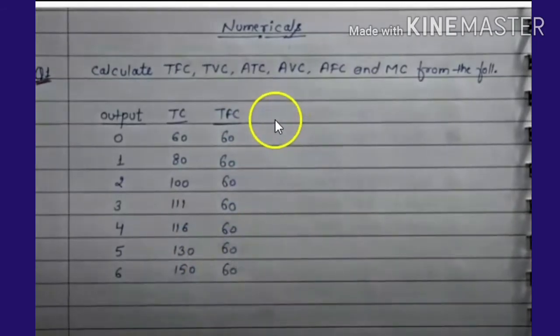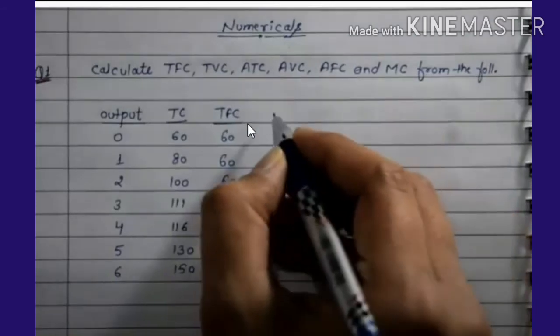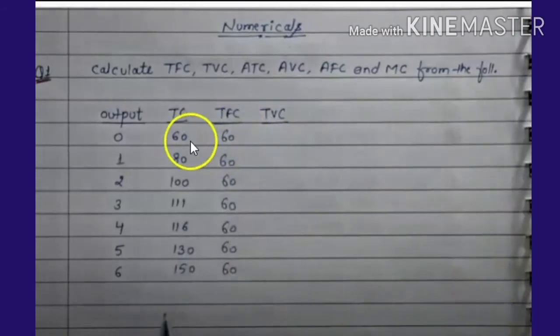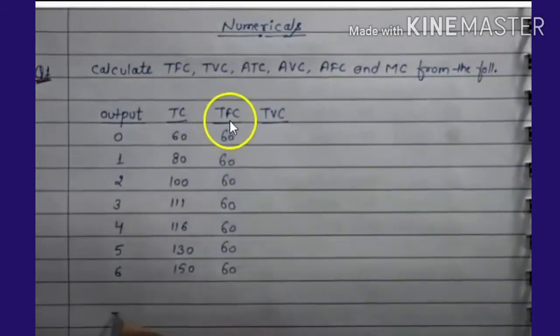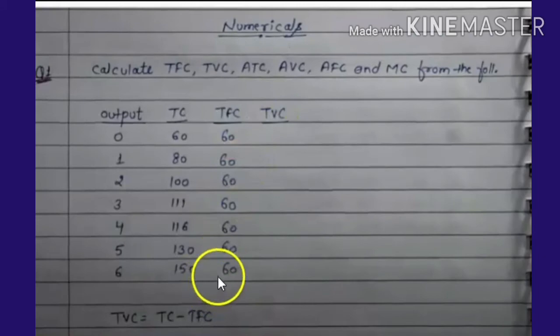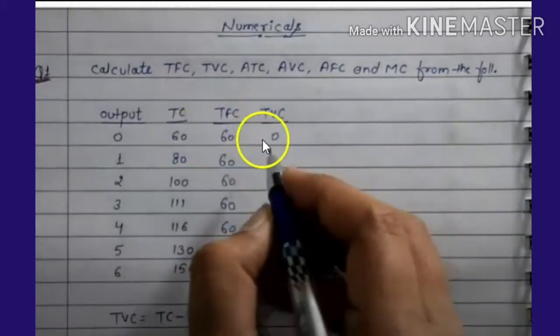Then you can just see the next column to be found is the TVC column. So how will you find it? By subtracting these two, that is TC minus TFC, you will be getting the TVC column. Okay. So it's a 0.